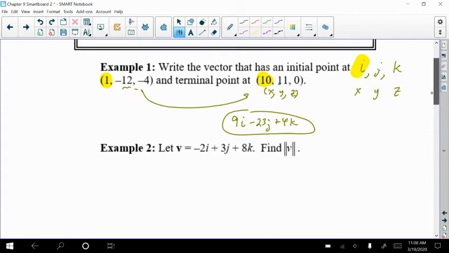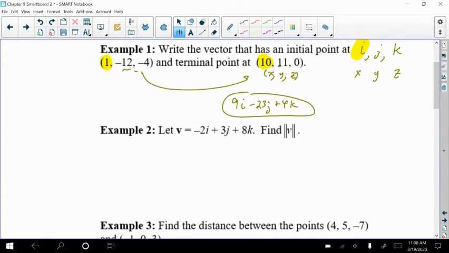Now, I see a formula here for example 2 to find magnitude. Find the magnitude of this vector. It works just like two dimensions, except you add one more dimension to that formula. So the magnitude of v would be the square root of negative 2 squared plus 3 squared plus 8 squared. I'm just adding this third component when dealing with a three-dimensional vector.